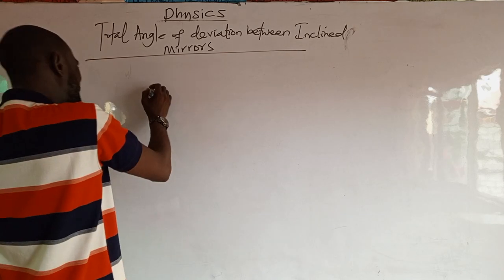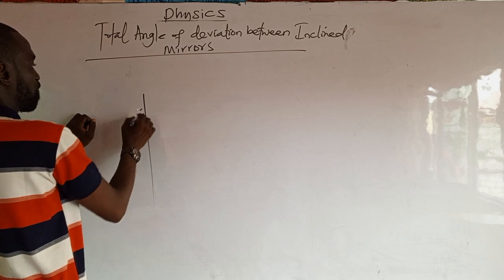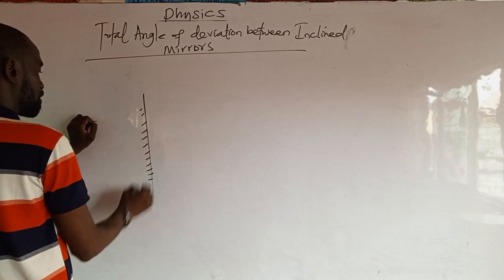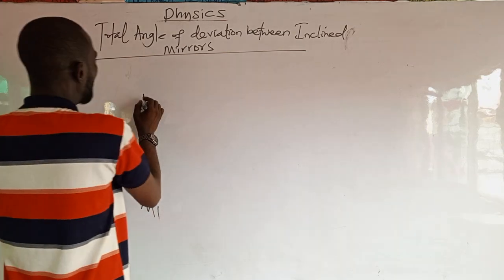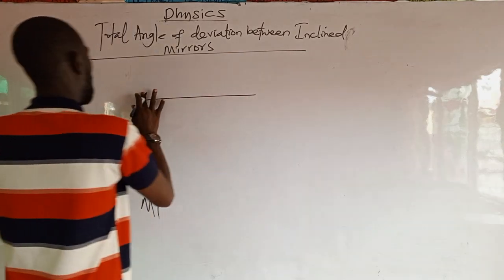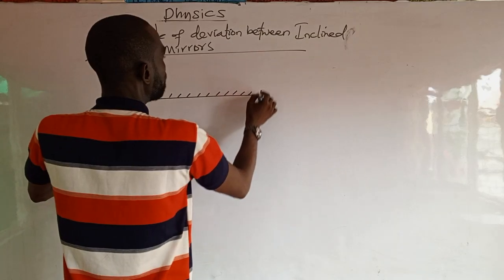When I have a mirror like this, please pay attention. I have one mirror like this. This is the first mirror. I call it M1. I have another mirror like this. This is the second mirror. I call it M2.